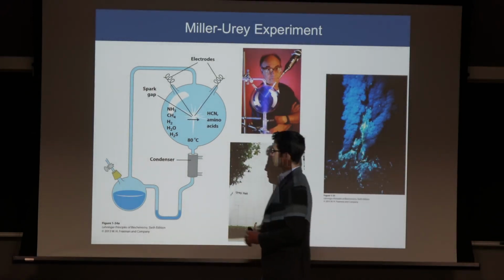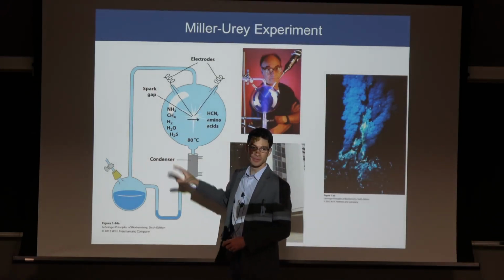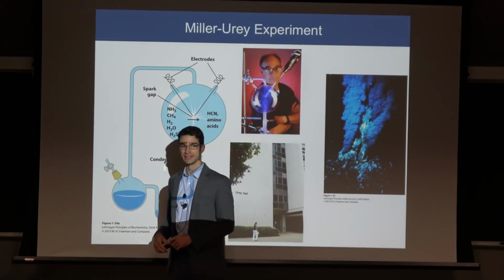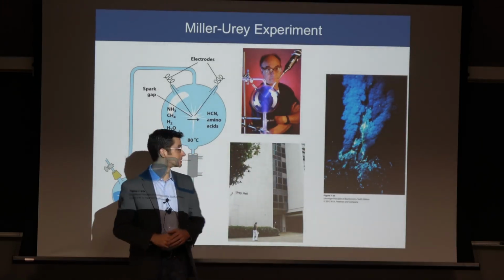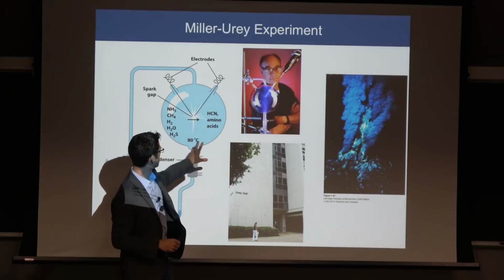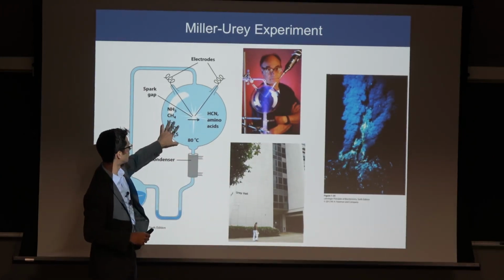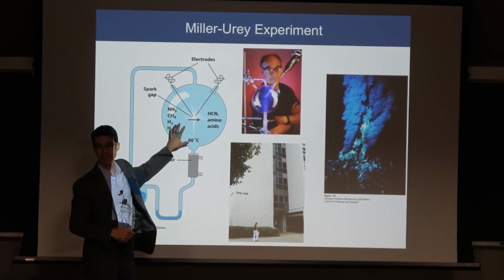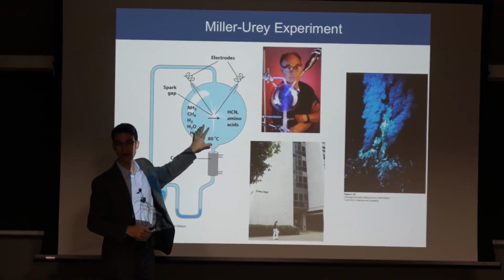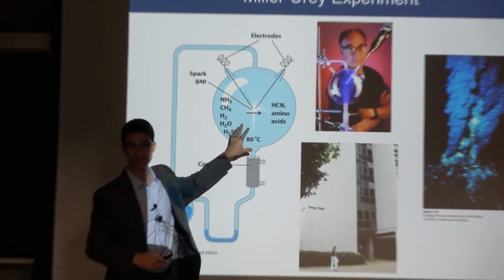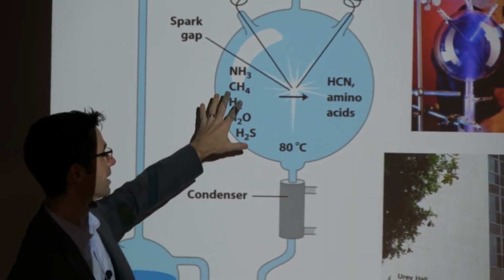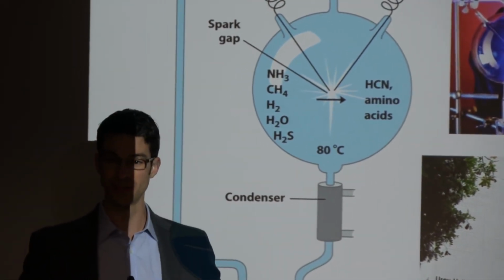The problem with this, just in case you're wondering, this experiment was first done in the 50s and 60s. The problem with this is that these are reduced species, and in the prebiotic Earth, it's probably not too likely that the atmosphere was reduced.